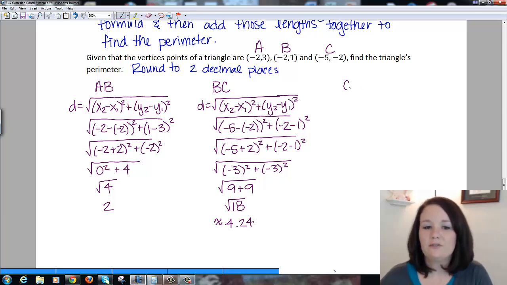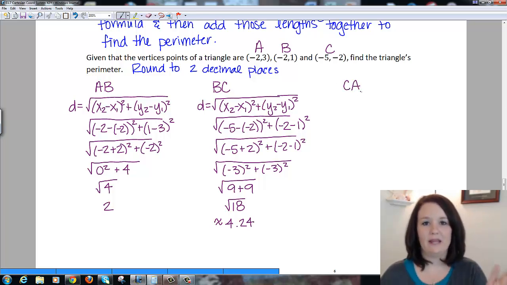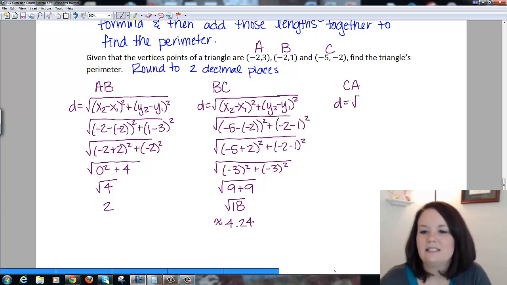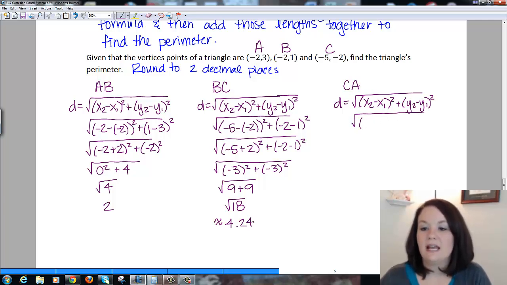Okay. And then I need to find the last leg of my triangle. So I need to go from C to A. I went from A to B, B to C. Now I need to go back, C to A. So again, distance is equal to the square root of x2 minus x1 squared plus y2 minus y1 squared. So I need the second x value.